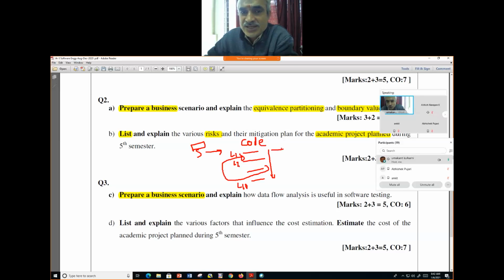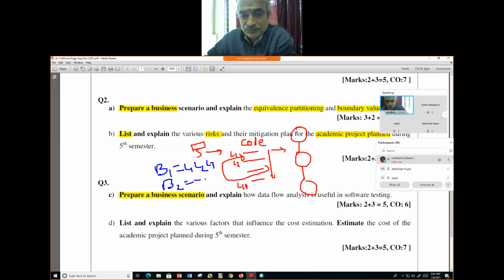Then the next step is to write the flow graph by identifying the basic blocks. So you'll identify basic block B1 contains line numbers L1, L2, L3. Basic block B2 contains so and so. Like this you write it.